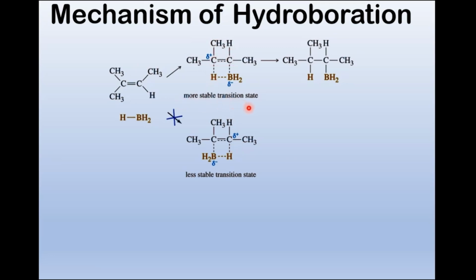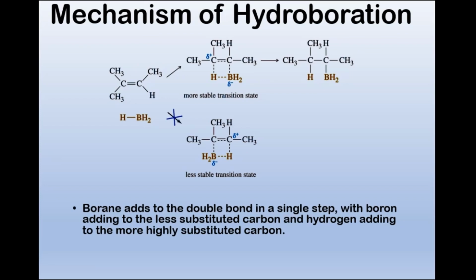So here's the more stable transition state. So the borane likes to go to this carbon, and this carbon gets the hydrogen. We say borane adds to the double bond in a single step, with boron adding to the less substituted carbon and hydrogen adding to the more highly substituted carbon.